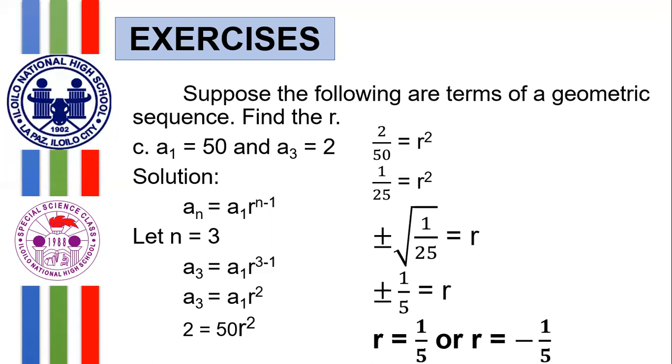And using again a similar reasoning, your common ratio could either be 1/5 or negative 1/5. And this is telling us that there are 2 possible common ratios, and this is implying that there are 2 possible geometric sequences that satisfy the given information.